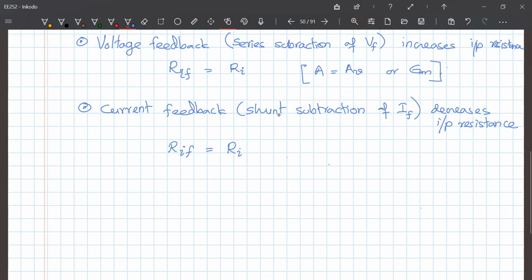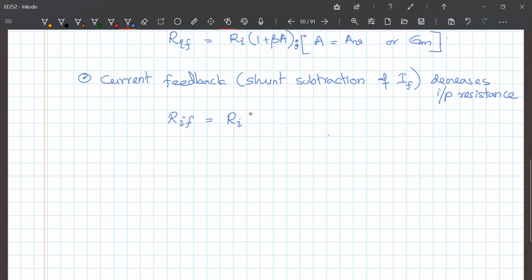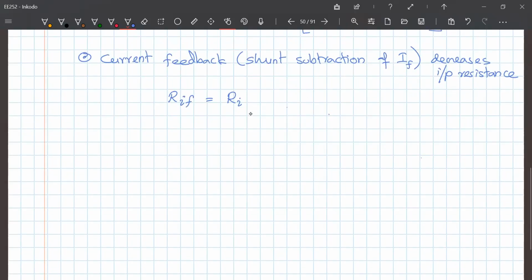So Ri with feedback is Ri times 1 plus beta A. Because you have to increase it, beta A is always greater than 0, so Ri with feedback has to be greater than Ri. The second part is just a comment. The second one is where you subtract with by 1 plus beta A.